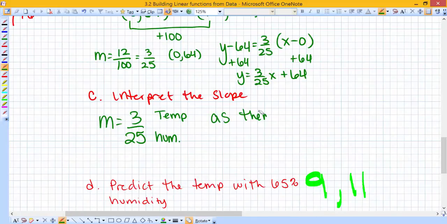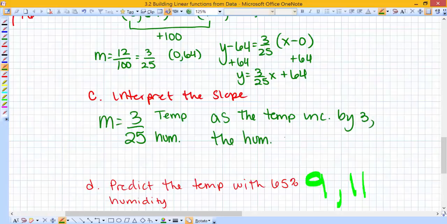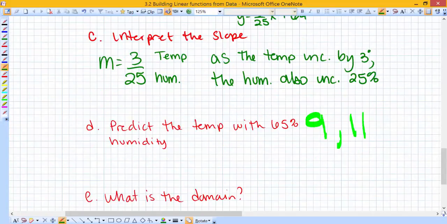As the temperature increases by 3, the humidity also increases, though it is by 25%. So for every 3 degrees increase in temperature, the humidity is going to increase 25%. So now if there's questions, make sure you're writing them down.